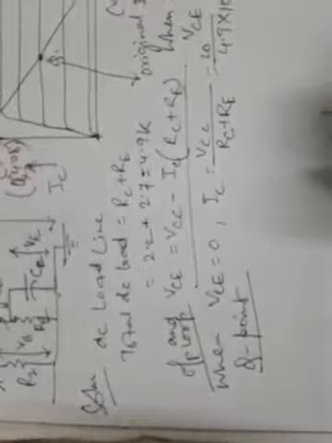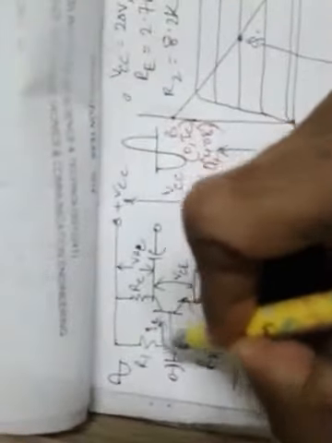Now let us find the Q point. How to find the Q point? The approximate bias conditions can be quickly determined by assuming that the base current IB is too small to affect the base bias voltage VB at the input circuit. IB is the current going inside the base. Since IB is too small, the effect of IB on VB will be very much less.